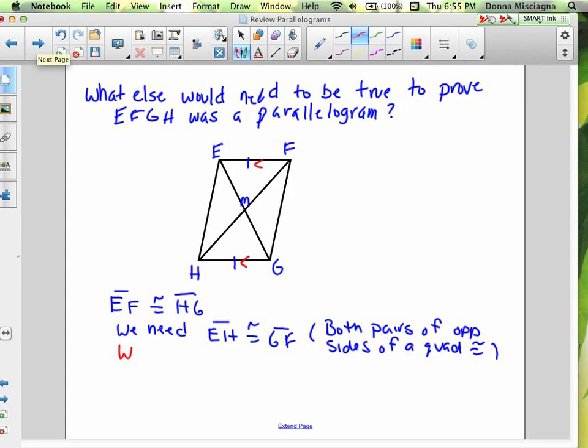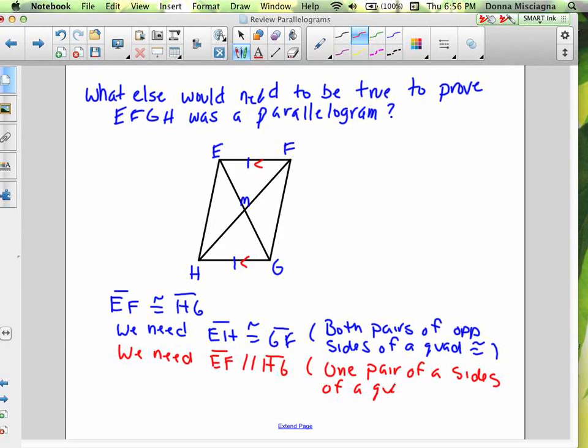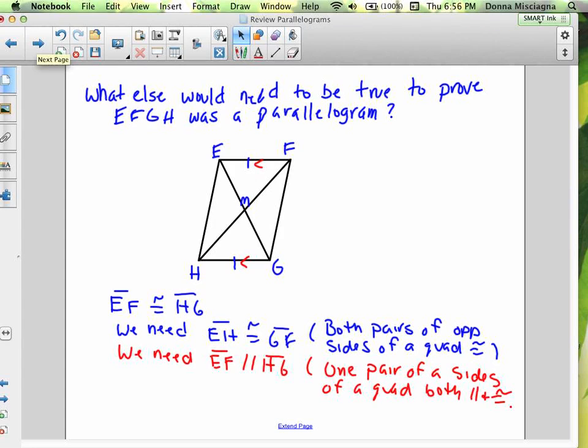We need EF to be parallel to HG, and then we would have one pair of sides of a quad, both parallel and congruent.